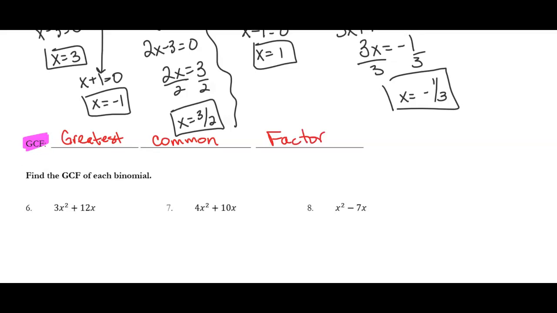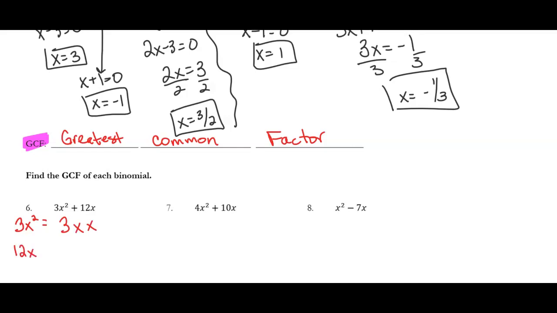So I'm going to kind of model it with a couple of examples. And so I'm going to show the long process right now, and then eventually we'll start working with the shorter process. So 3x squared is just 1 times 3. We don't really need to write the 1 because a 1 doesn't matter, but it's 3 with 2 x's.